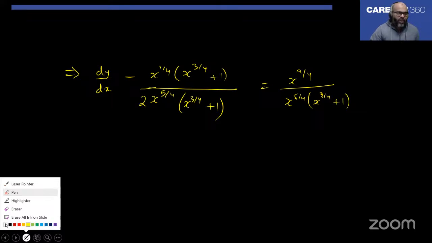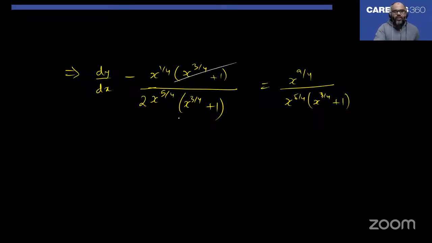Now, if you see here, this term and this term are getting cancelled. And this is dy by dx minus, if you take x to the power 5 by 4 in the numerator, it will become x to the power minus 5 by 4. And x to the power minus 5 by 4 plus 1 by 4 is minus 4 by 4, which means it is 1 by 2x.